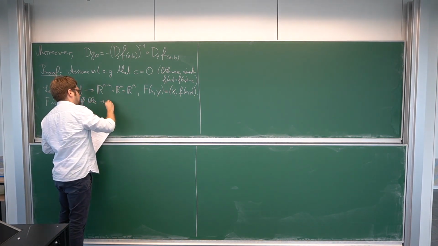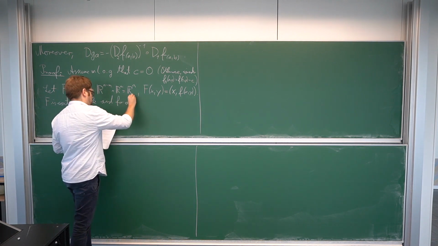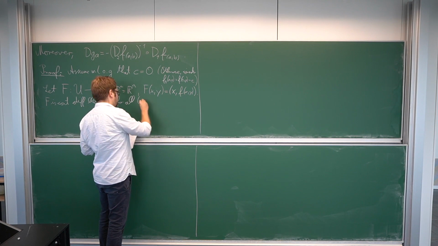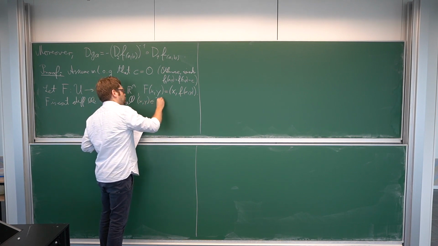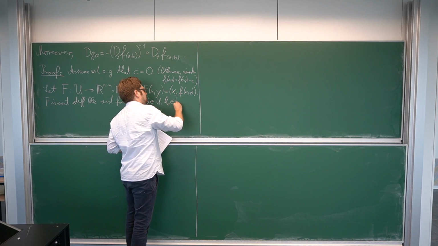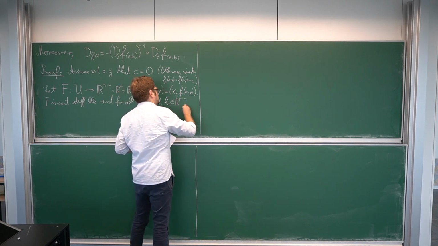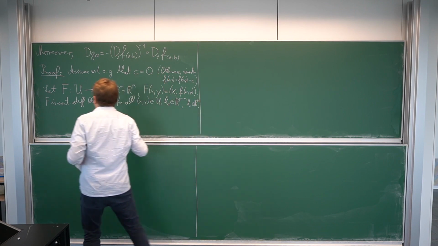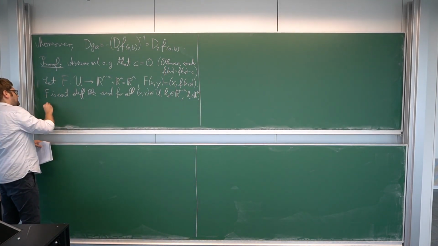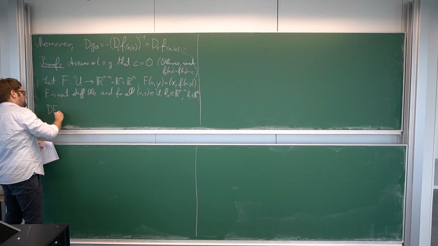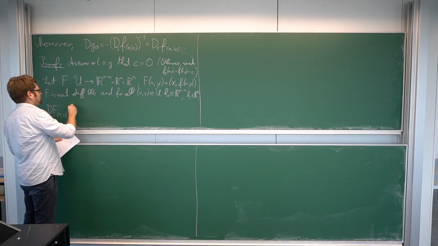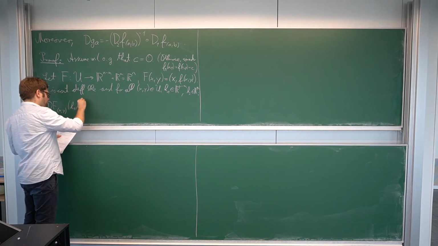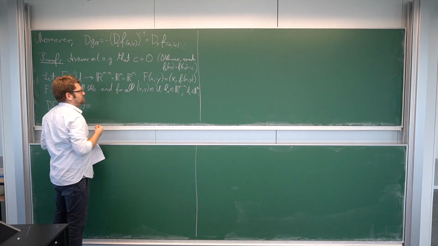And for all (x, y) in U and all h1 in R^(n-m) and h2 in R^m, we want to compute the differential of F in that point. So dF in the point (x, y) of (h1, h2) is given by the differential of the components.